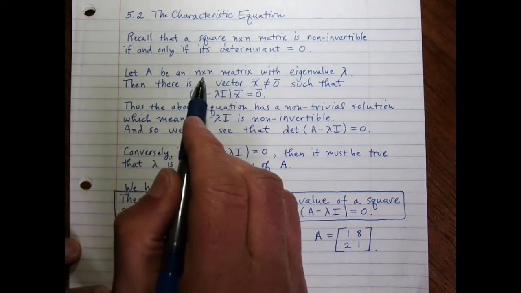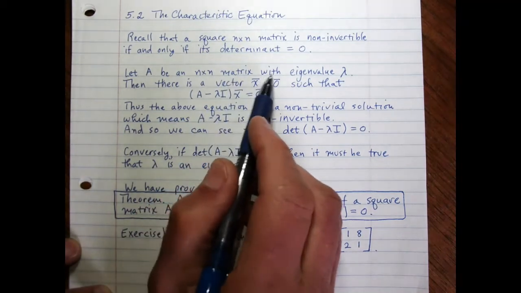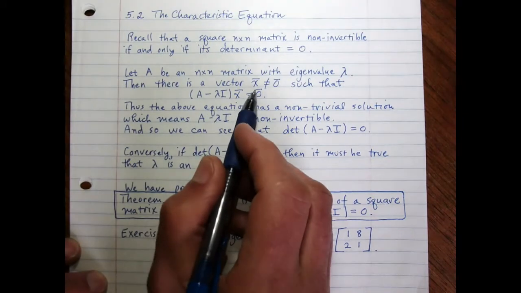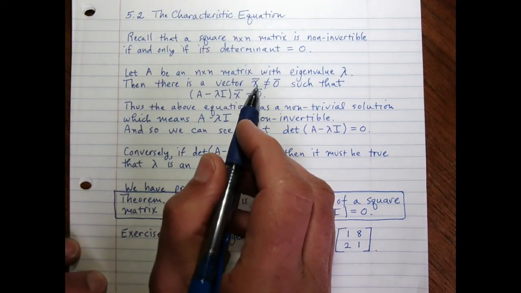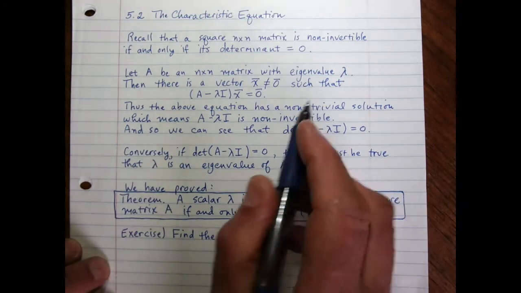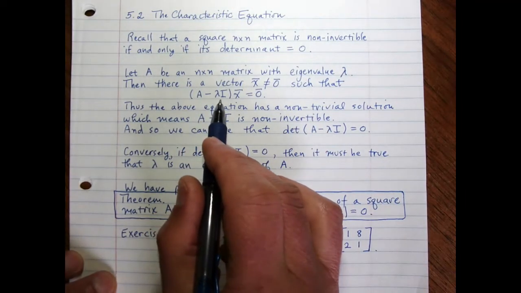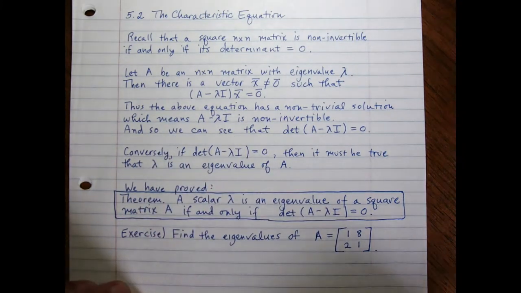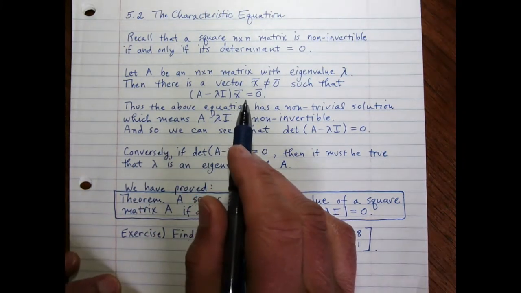Let A be an n by n square matrix with eigenvalue lambda. Then there is a vector x different from 0. So this would be an eigenvector. The eigenvector has to be different from 0, such that A minus lambda I times x is 0. Thus, the above equation has a non-trivial solution.